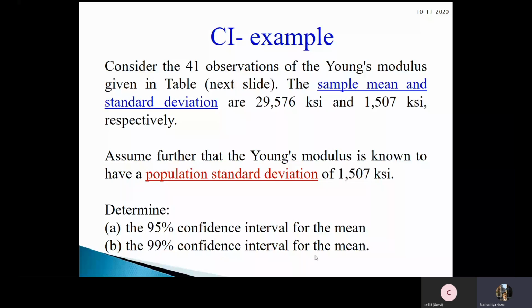Okay, so this is the 95% confidence interval. You can take a guess that if it is a 99% confidence interval, it will be a wider interval.